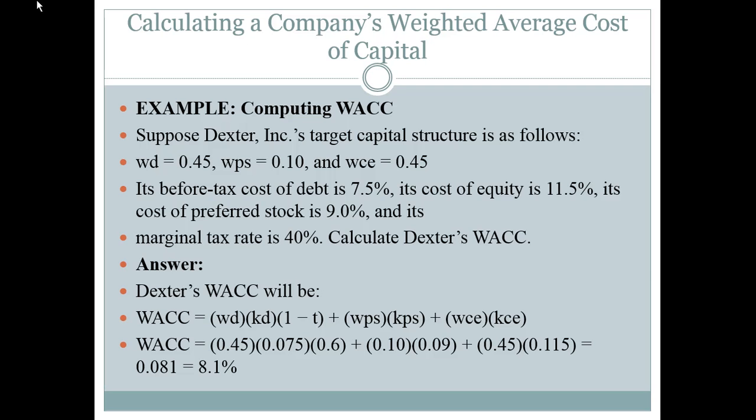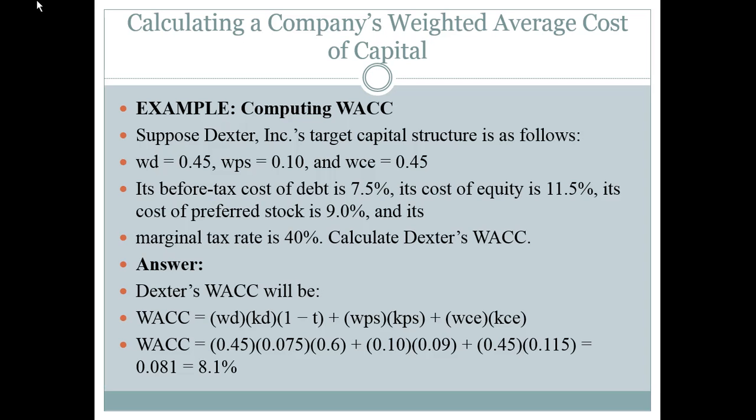So 0.45 plus 0.45 is 0.9, plus 0.1, we get 1. Its before tax cost of debt is 7.5%, its cost of equity is 11.5%, its cost of preferred stock is 9%, and its marginal tax rate is 40%.